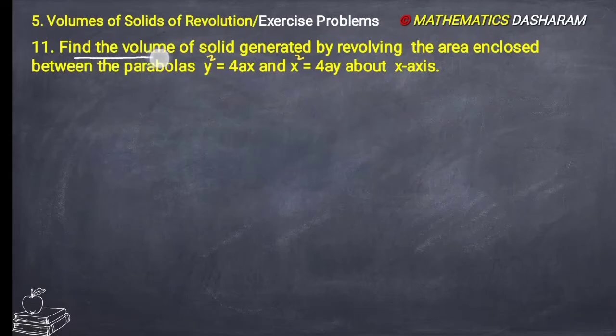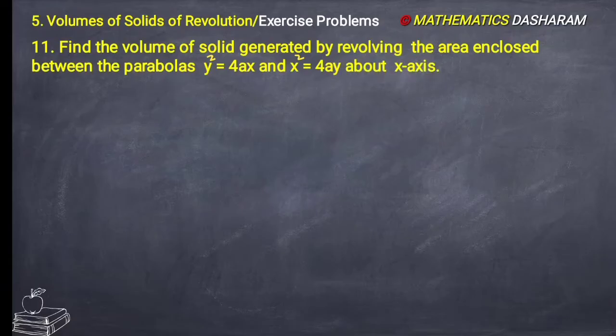11th question, find the volume of a solid generated by revolving the area enclosed between the parabolas y square equals 4ax and x square equals 4ay about the x-axis. So here two parabolas are given and about the x-axis, that means x values are required.